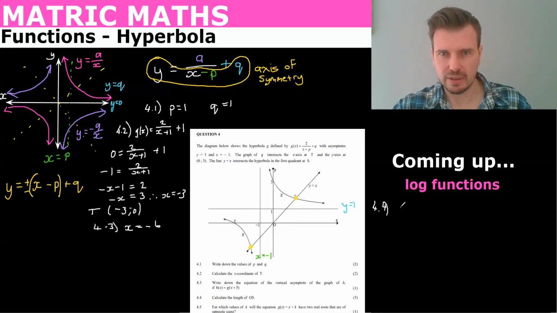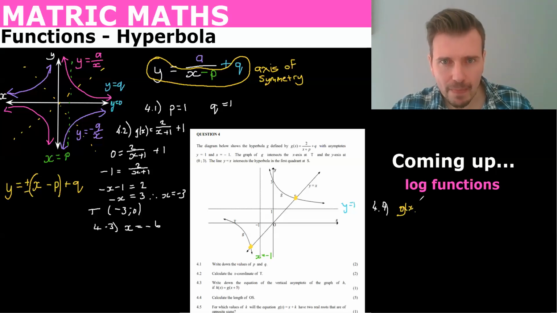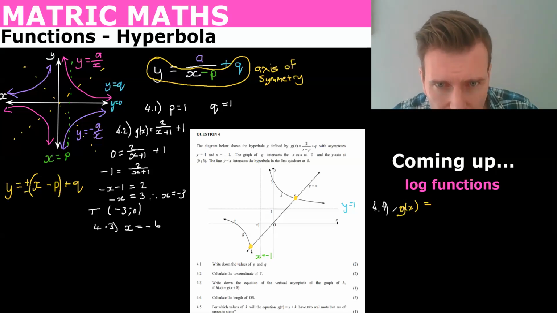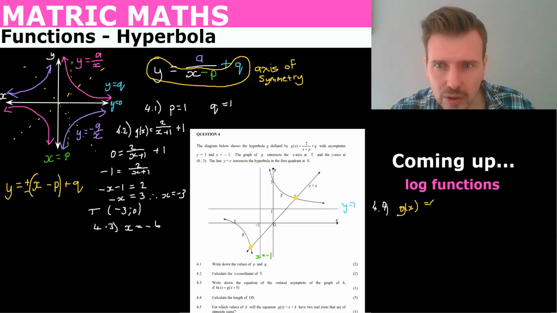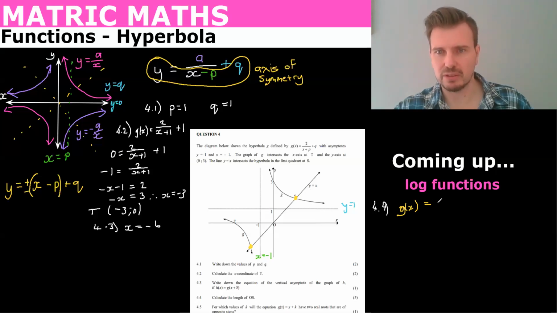We would say g of x equals, and that's y equals x. So g of x equals y, the straight line.